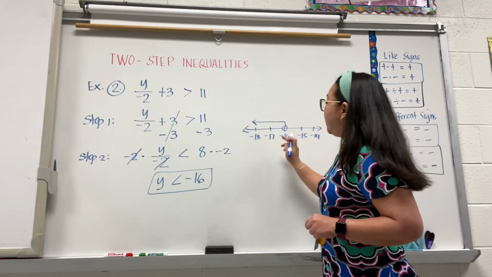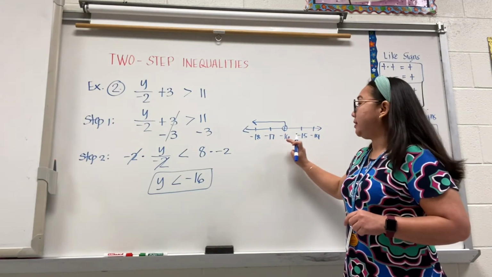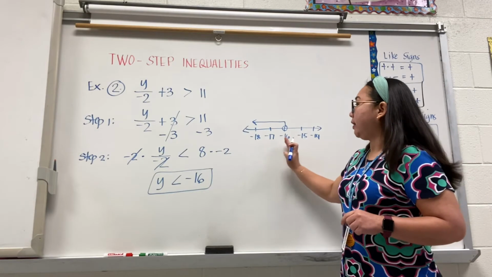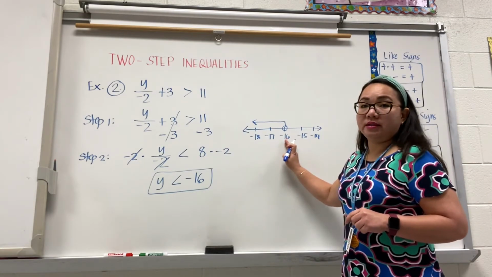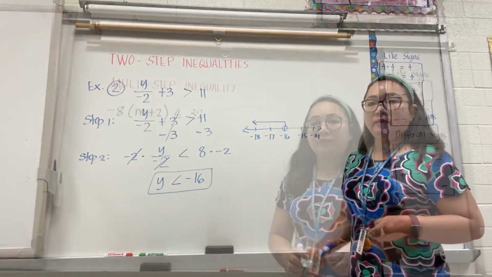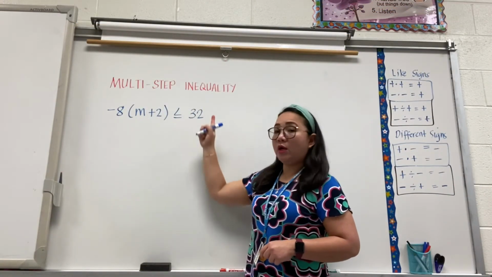All numbers to the left of negative 16. But negative 16 is not included. So it starts right here, not at negative 16, since it is not included. So the graph looks like this.